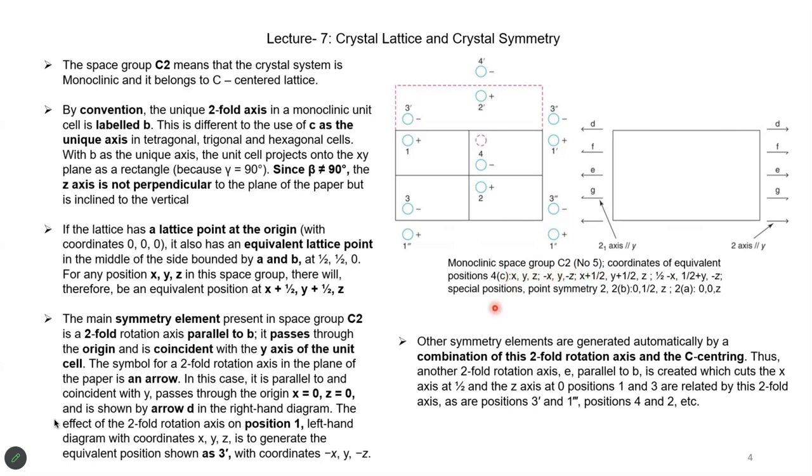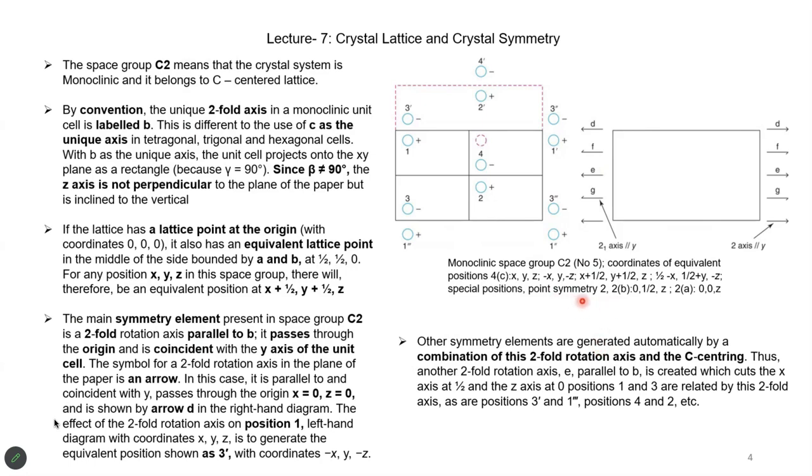And then we have also special positions, where for point symmetry 2, as we said, if the symmetry lies in an operation line, here it lies in the operation line, here also it lies in the operation line, then it becomes a special position.